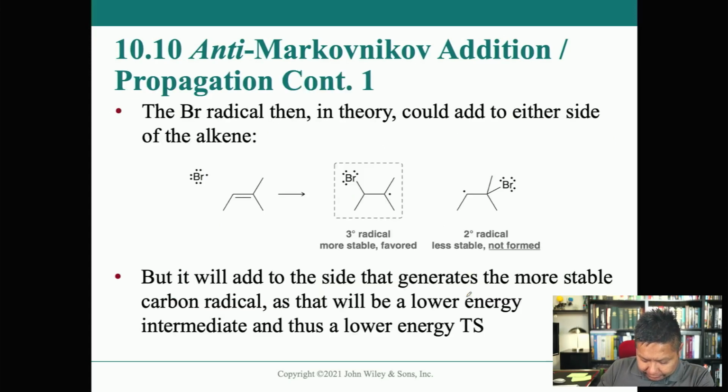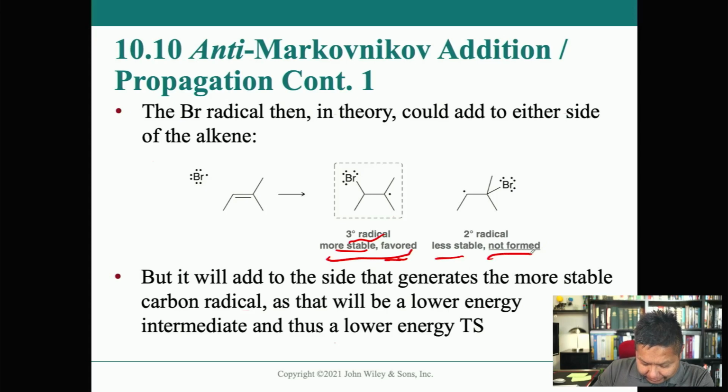The bromine radical comes over, and remember that the tertiary radical is more stable and more favored, right? It's a lot more favored than the secondary radical, right? That's why the secondary radical is not formed.